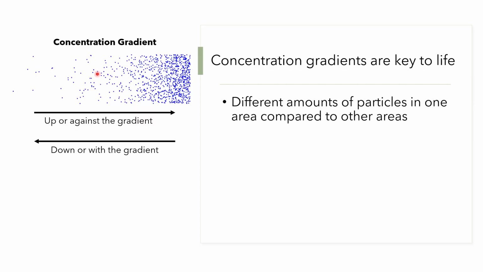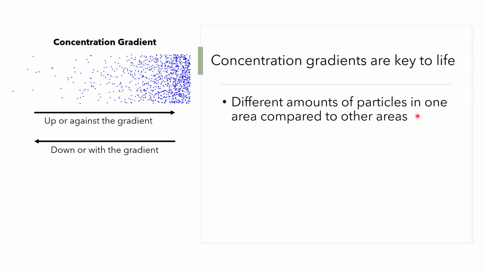If we can push all of our molecules over to one area and keep them there until we're ready, we've just stored up all this potential energy. And when we open up the floodgates and all of these molecules go rushing down, we can capitalize on that energy. So overall, concentration gradient means there's different amount of particles in one area compared to another.